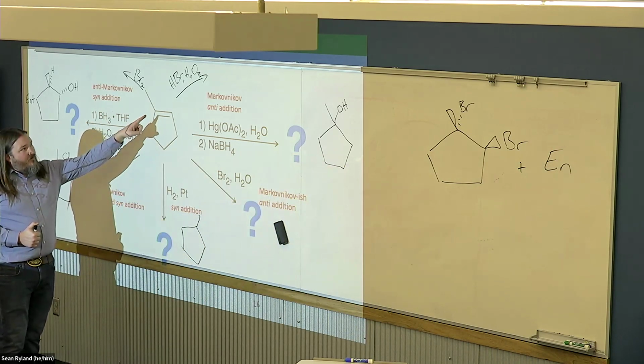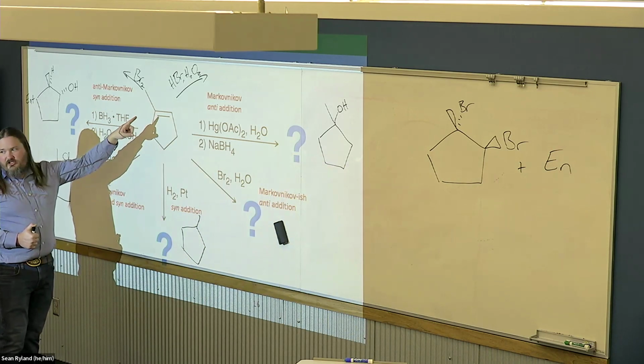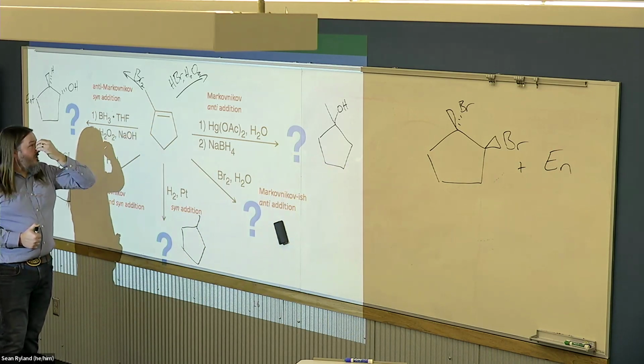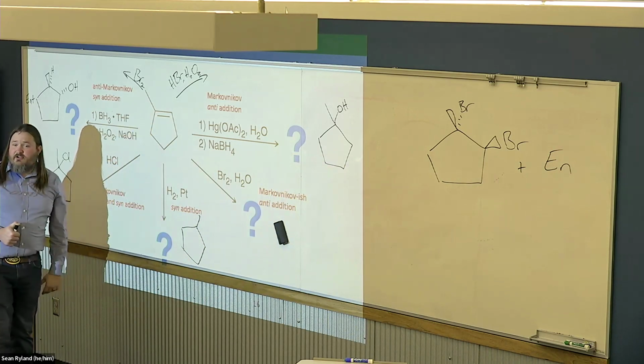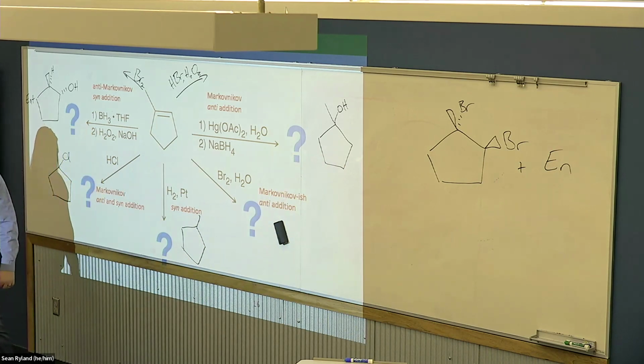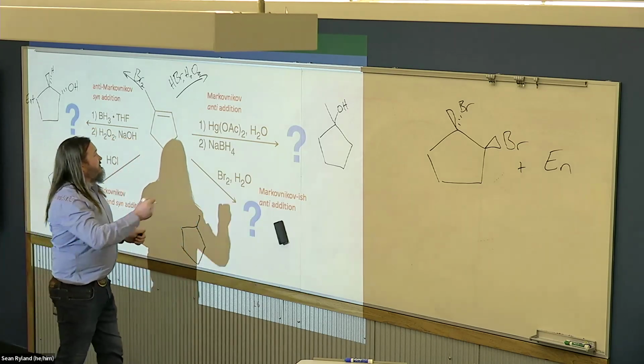The anti-Markovnikov hydrobromination is not stereospecific. Those radical mechanisms go through radical intermediates that are planar, so we're going to wind up with an equal amount, or relatively close to an equal amount, of the cis and trans.